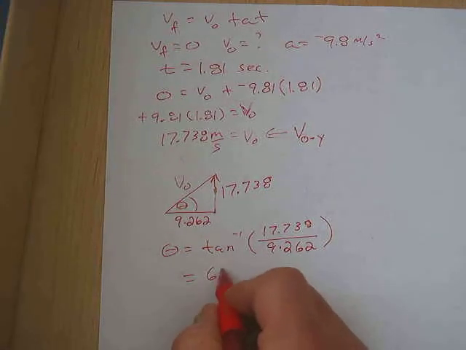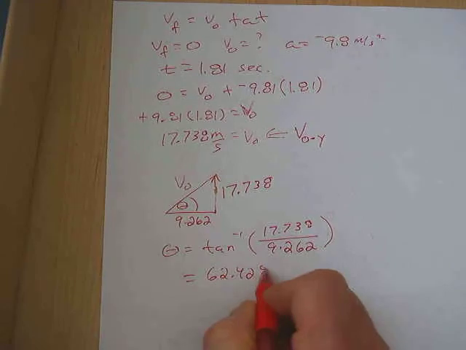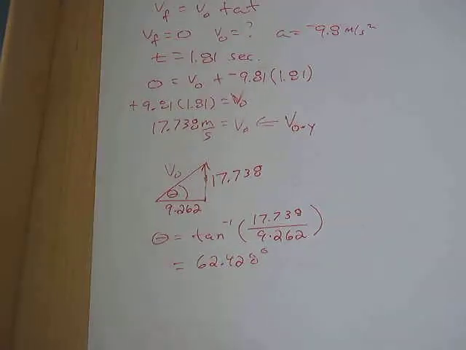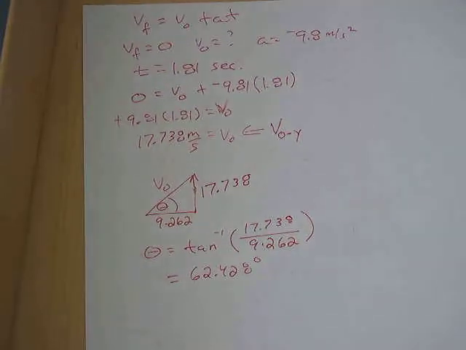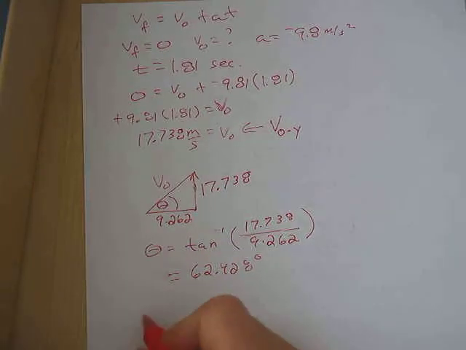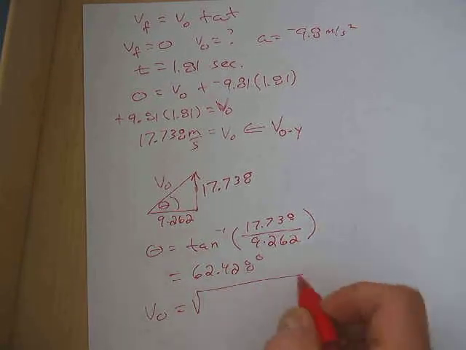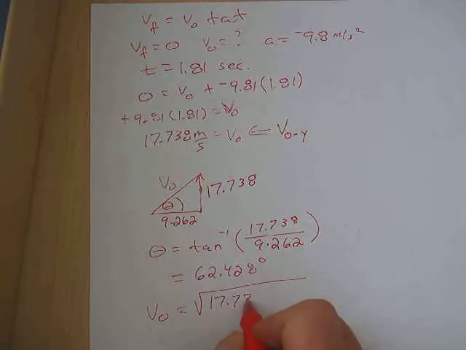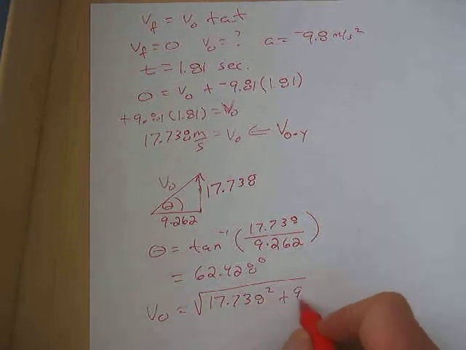Inverse tangent of 17.738 divided by 9.262. Theta equals 62.428 degrees. Now, if you remember how I threw it, do you recall that I tried to throw it more up in the air than most people? So it makes sense that that's a 60-degree angle roughly.